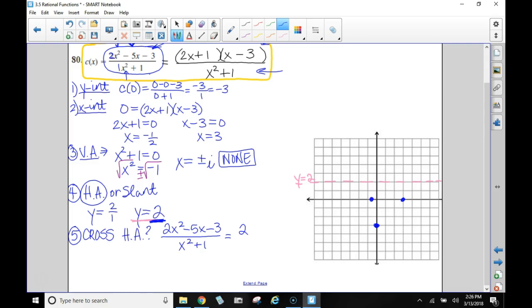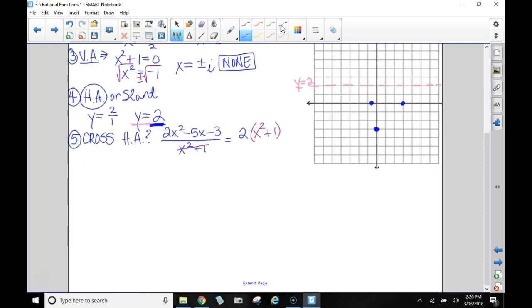Okay, first thing I'm going to do is multiply both sides by x squared plus 1. When I multiply both sides by x squared plus 1, over here it would reduce. And so I would be solving 2x squared minus 5x minus 3 equals 2x squared plus 2.